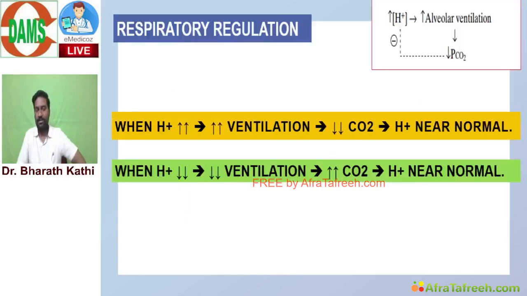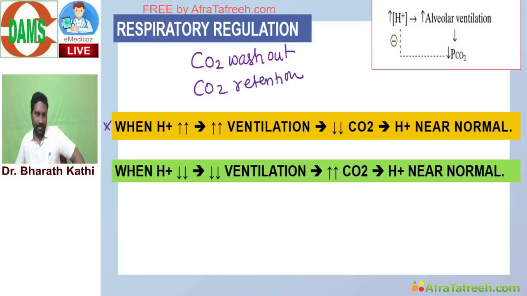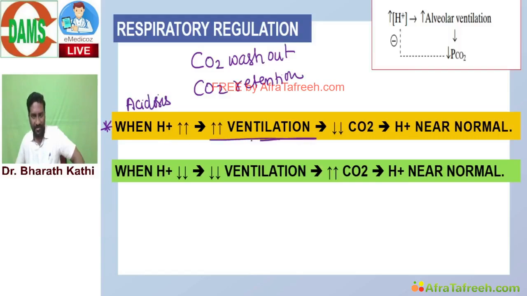Coming to respiratory regulation, very simple. Respiratory regulation can deal with this by either CO2 washout or CO2 retention. This is the relation. Whenever H plus increases in your body, whenever there is a clinically important acidosis, this H plus can directly stimulate the ventilation.